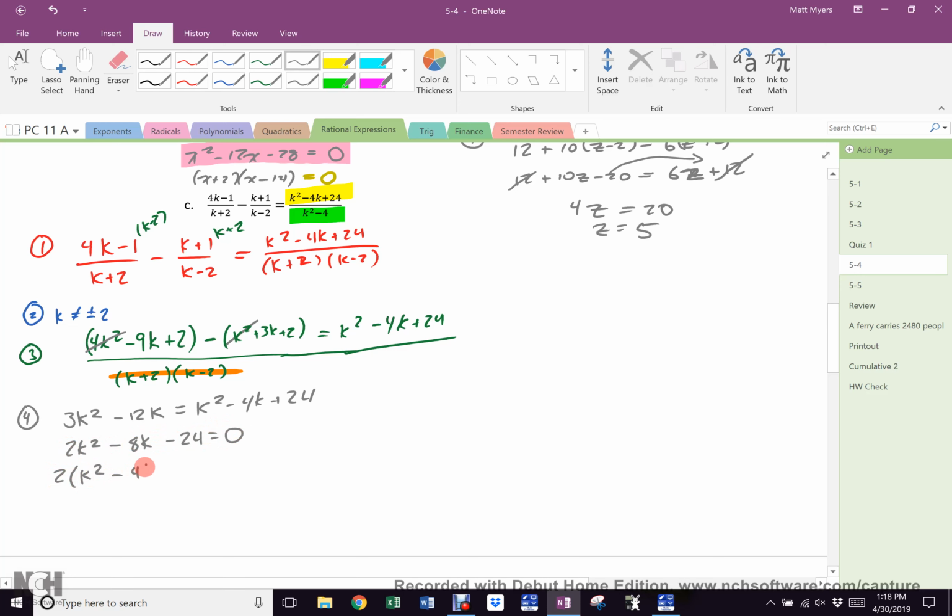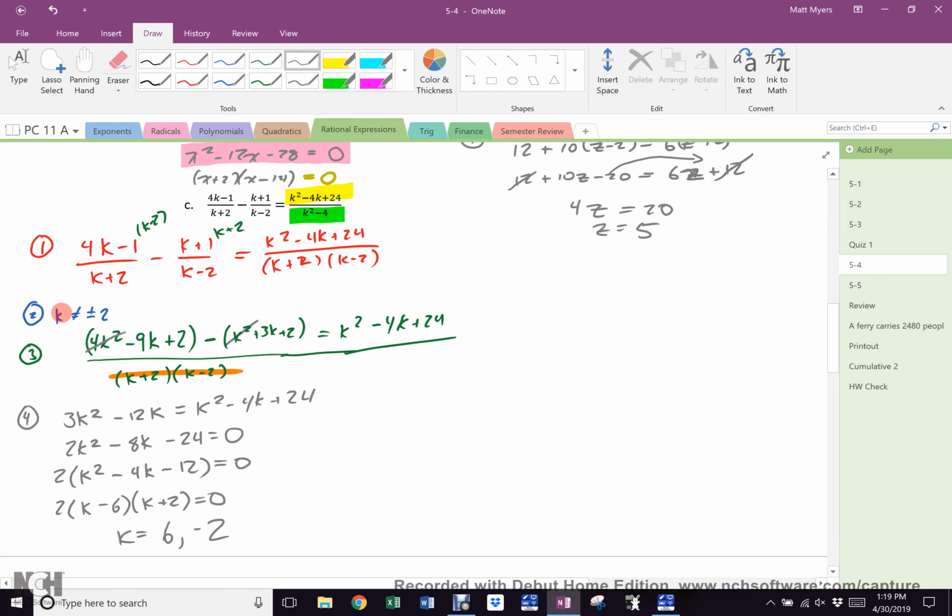Divide everything by 2. What do you see there? It factors to what? K minus 6 and k plus 2 equals 0. So k equals what? 6 and negative 2.